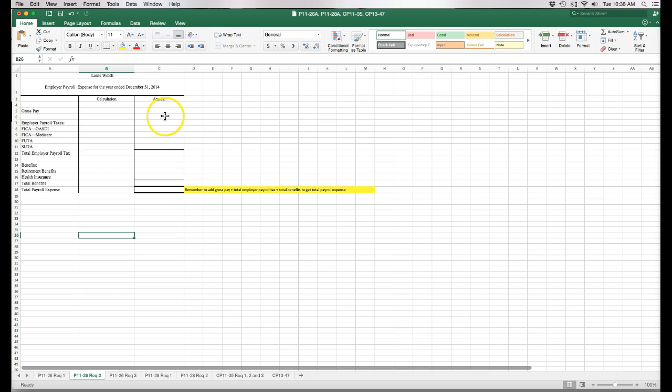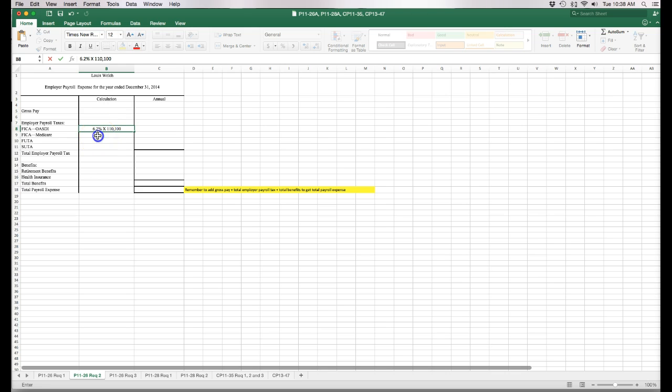Your gross pay is going to be the same as what you calculated in requirement one. And then for the FICA OASDI, again, there's a max of $110,100, but in this case, the rate is 6.2%, and this is right from the textbook, and that's multiplied on the first $110,100.